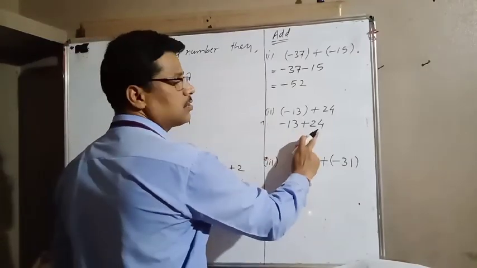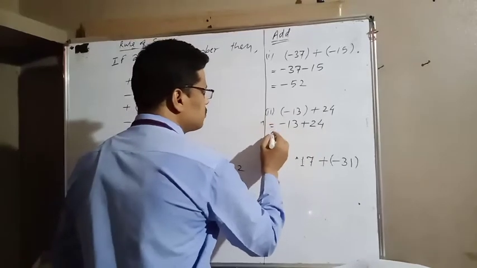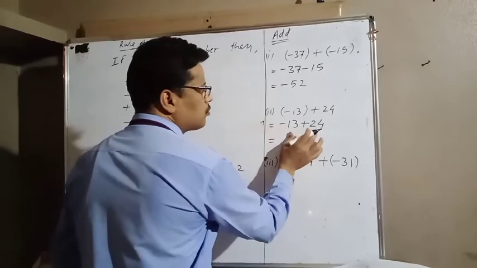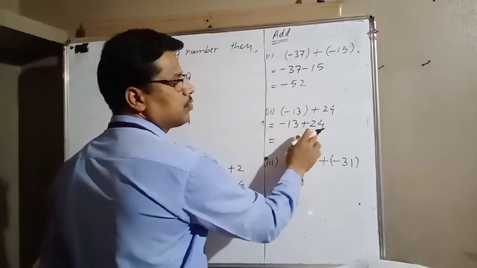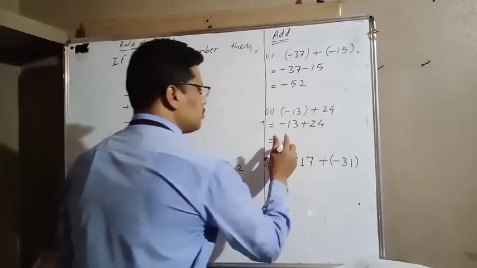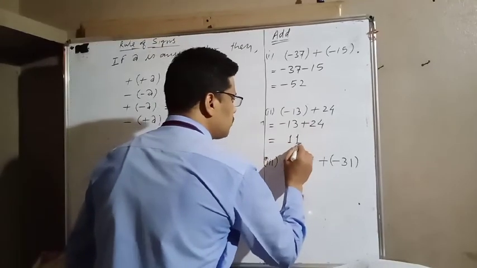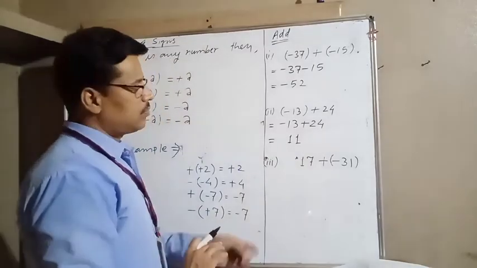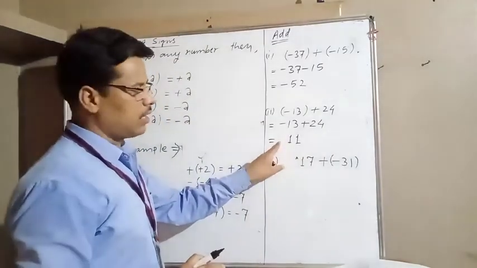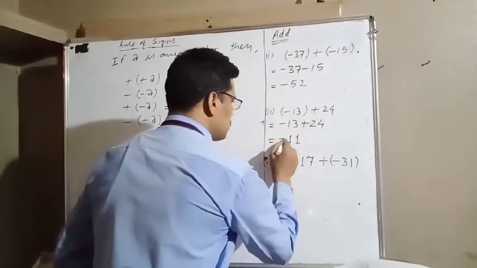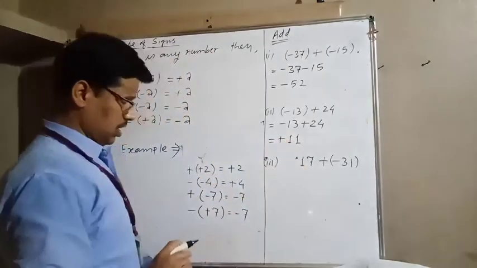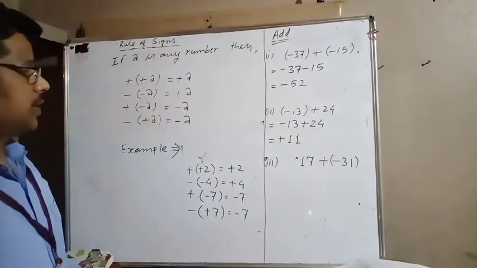Which is the greater number? 24. First put the equal sign. If you subtract 13 from 24, what do we get here? 11. What is the sign of 11? The sign of 11 will be positive. So we can write the positive sign also. If you write it, it will be better.